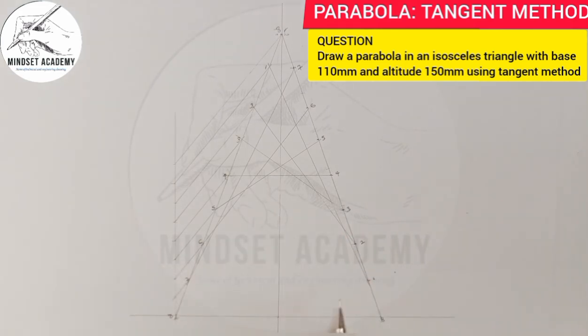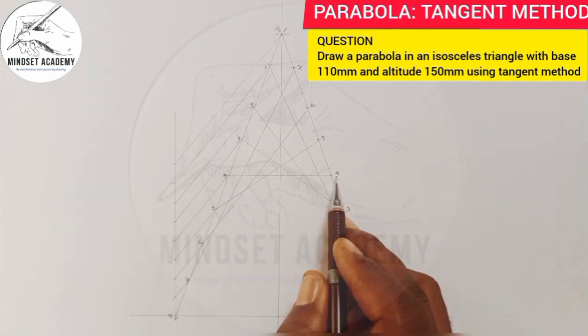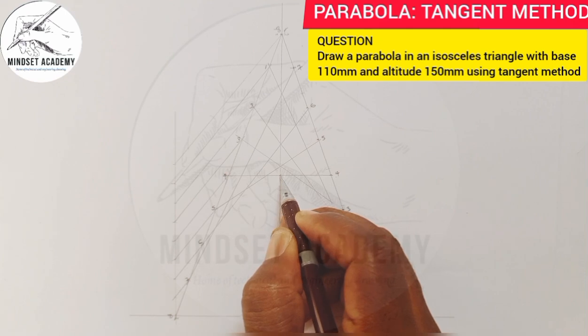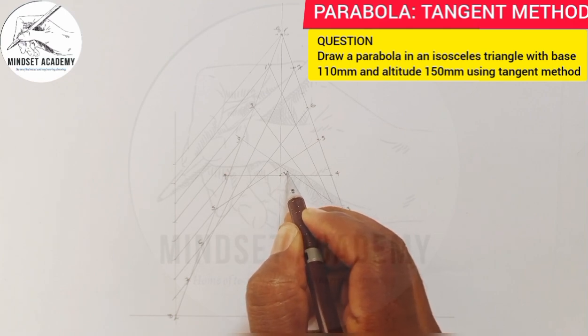So this point here, where 4 and 4 meet each other, that will always be my vertex.